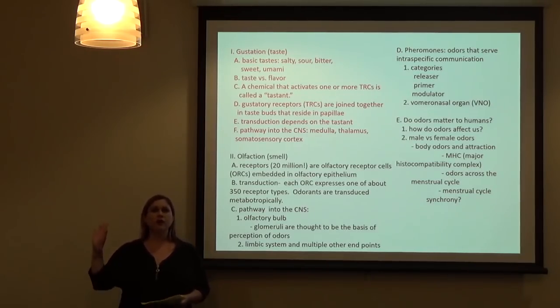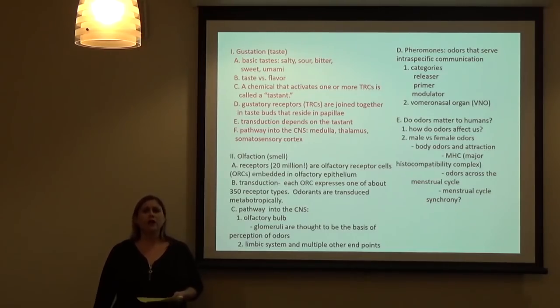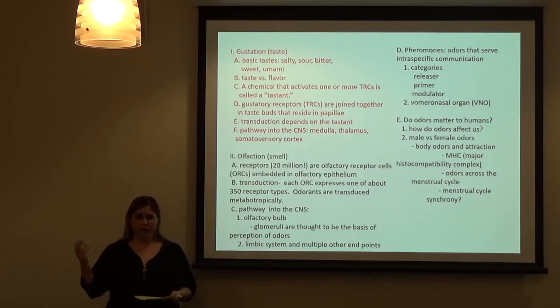So when we were talking about vision, we were talking about light information. And your photoreceptors in your retina transduce light information. When we were talking about hearing and audition, we were talking about sound information. And it's your auditory hair cells that transduce sound waves.